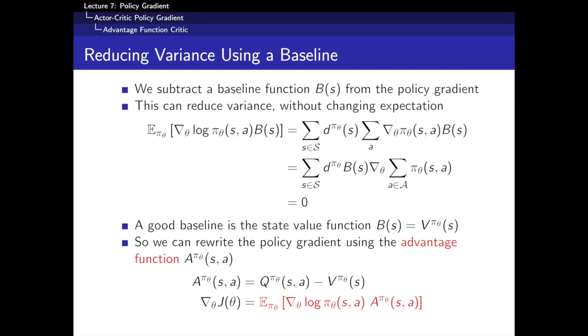This is a probability distribution, so it must sum to 1. So now we have the gradient of 1. The gradient of a constant is always 0. And so we see that this whole term is actually 0. This whole term that we're adding or subtracting is zero mean. It's got zero expectation. So it's completely legitimate to add or subtract any term of this form.